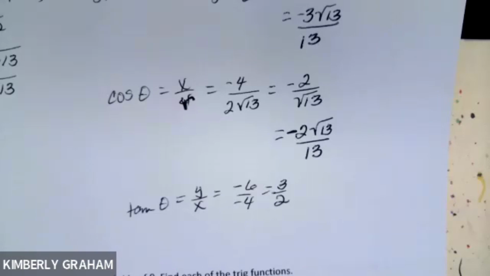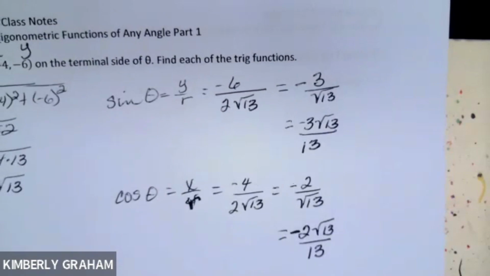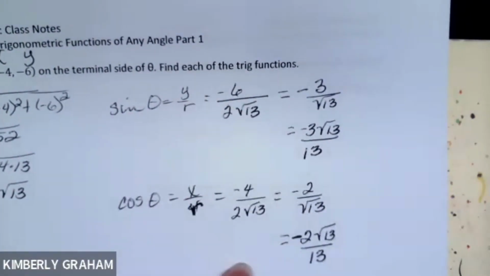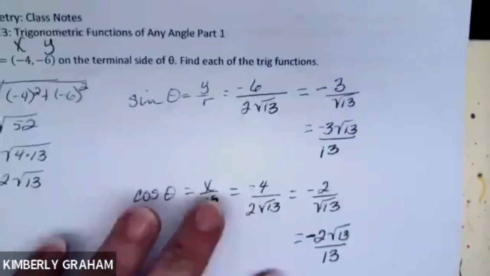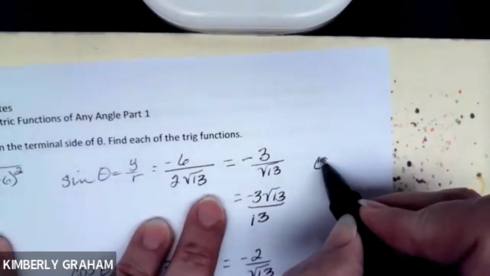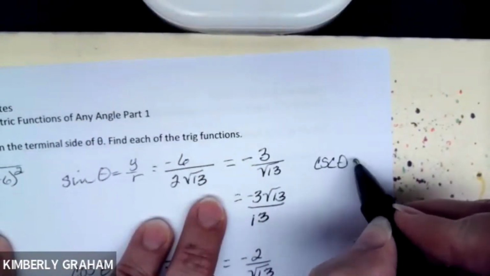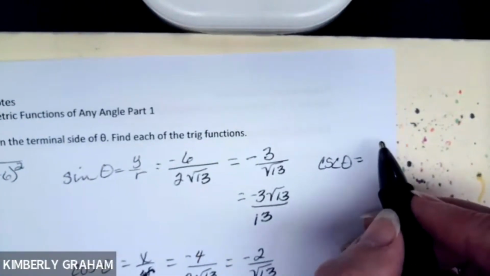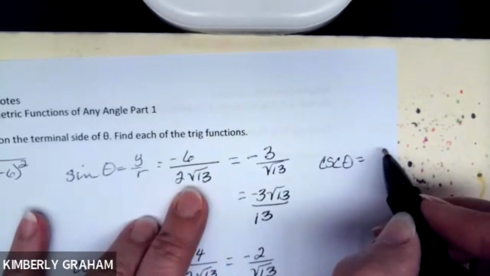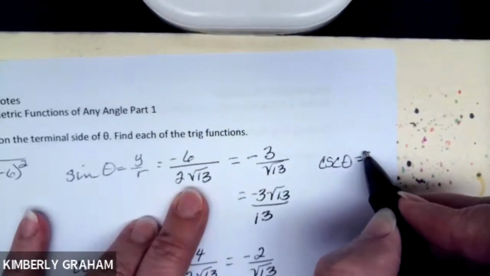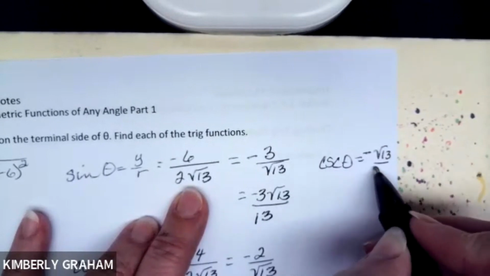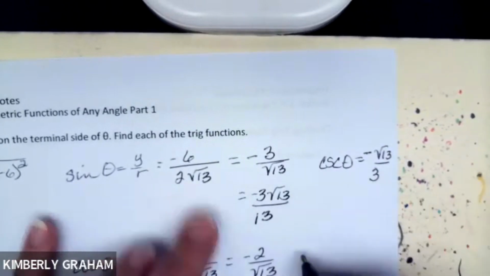All right, cosecant, secant, and cotangent are just the reciprocal of these. So cosecant, I'm just going to go ahead and give you the answer here. This is going to be negative square root of 13 over 3.